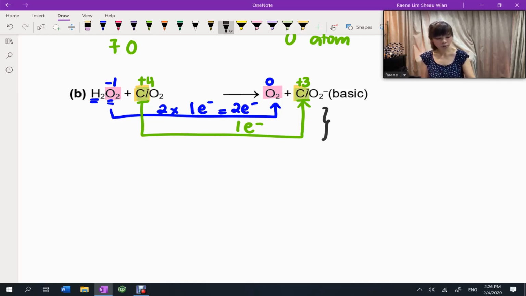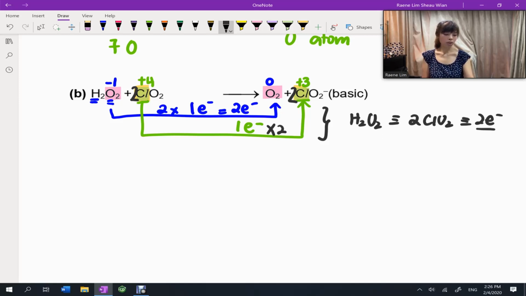Now, from here, you can get the mole ratio. You have to multiply by 2 in front of the ClO2 and the ClO2-, so that the total number of electrons transferred will be 2 electrons, and the mole ratio will be H2O2 proportional to 2 ClO2, because they utilize a total of 2 electrons, right?